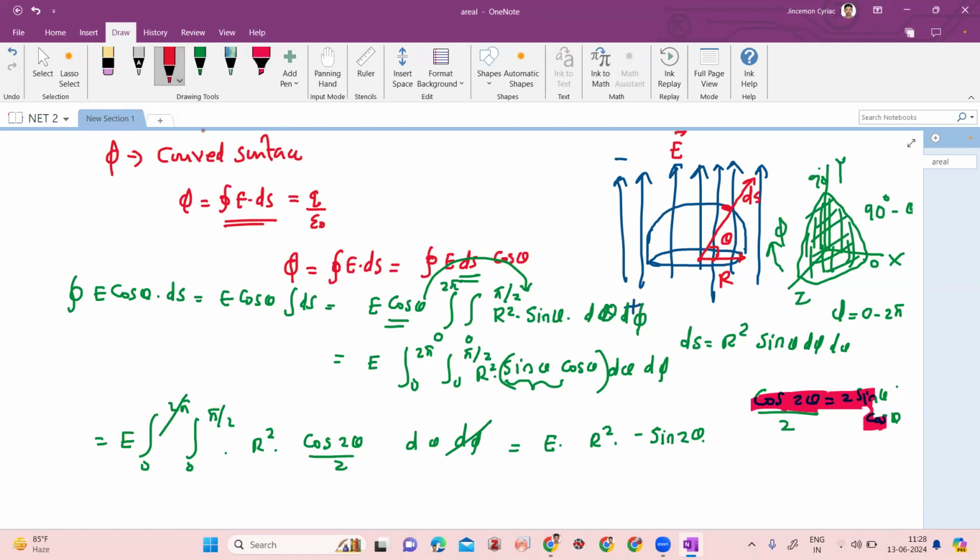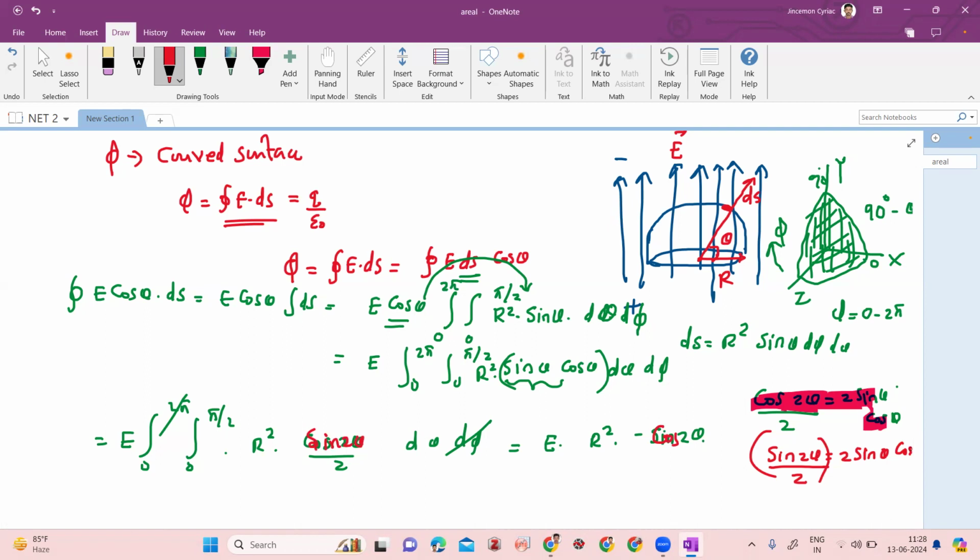So sin 2 theta is equal to 2 sin theta cos theta. Then sin theta cos theta is equal to sin 2 theta by 2. Then we can substitute sin 2 theta by 2 here.